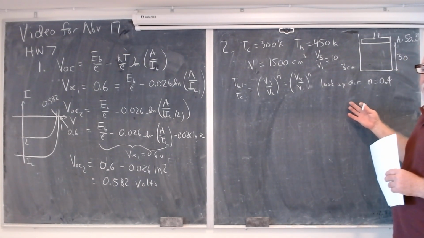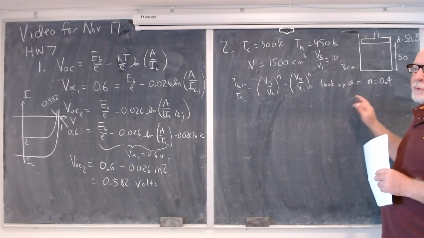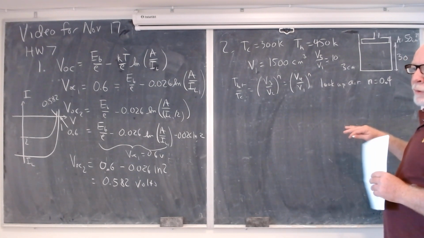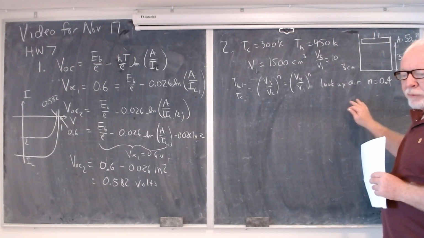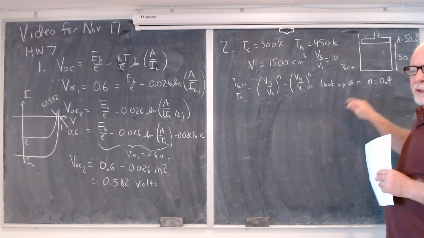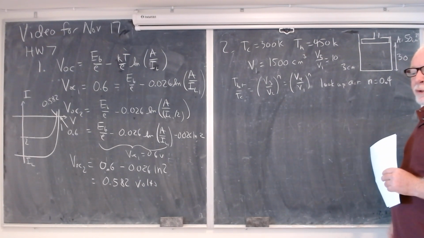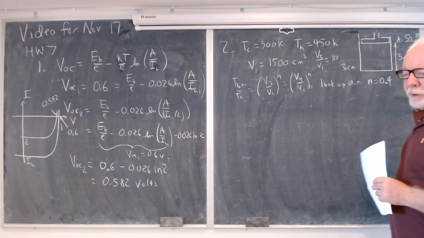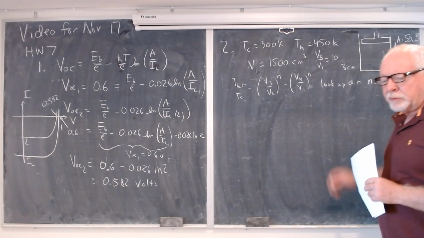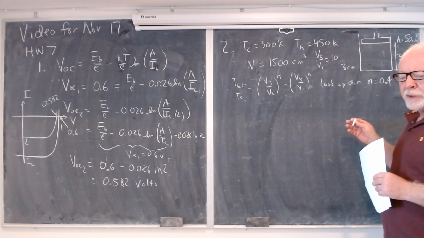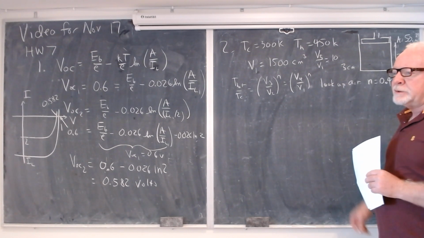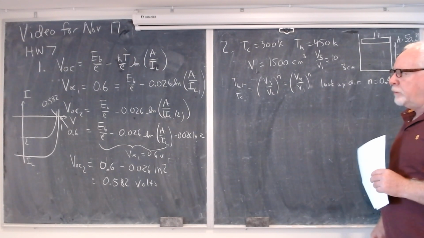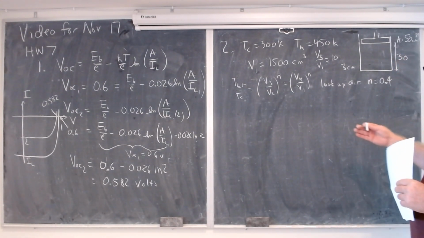Some people wanted a more thermodynamic explanation for 0.4, and I'm not going to provide one in this class. You can look it up on Wikipedia and see that it's related to the ratio of the heat capacities at constant volume and constant pressure, and it's actually not hard to work out, but I just don't want to add material to this course.